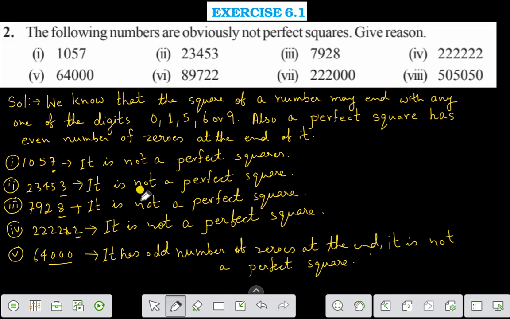Now let's solve question number 6. If you remember, we know that the square of a number may end with any one of the digits 0, 1, 5, 6 or 9.